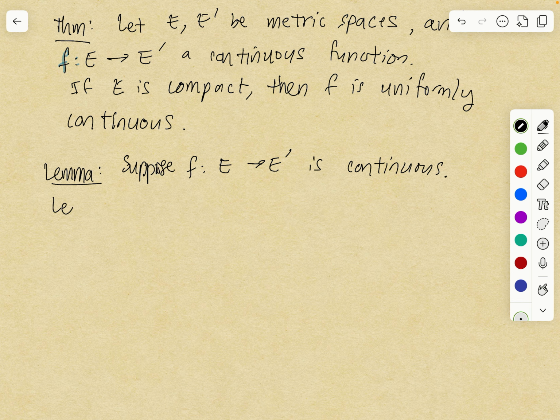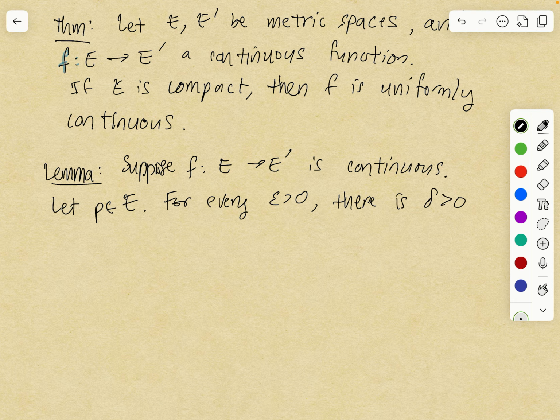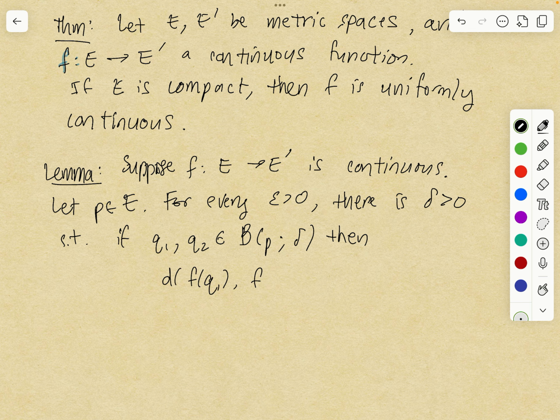Then if you have a point P in E, then for every epsilon greater than 0, there is some delta, which depends on P, such that if you have two points q1 and q2 in the open ball centered at P of radius delta, then the distance between f of q1 and f of q2 is less than epsilon.